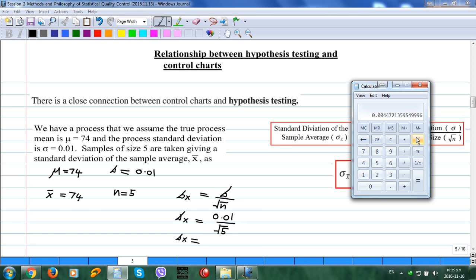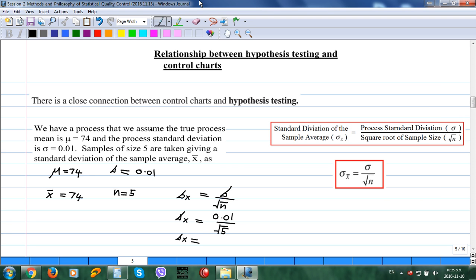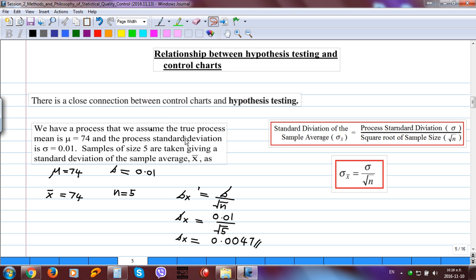Taking 0.01 divided by the square root of 5, the answer is 0.00447. That is the value of sigma x bar. So you can use the equation sigma x bar equals sigma over root n to find the standard deviation of the sample average.